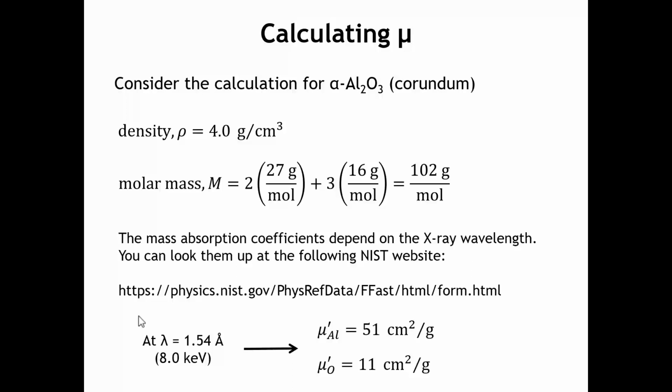And when you go to this NIST site, it's not going to ask you for the wavelength, it's going to ask you for the energy of the photons in kiloelectron volts. So 1.54 angstroms is 8 kiloelectron volts to 2 significant figures. And we see that aluminum is more absorbing than oxygen, and that's what we expect because aluminum is a heavier element than oxygen.